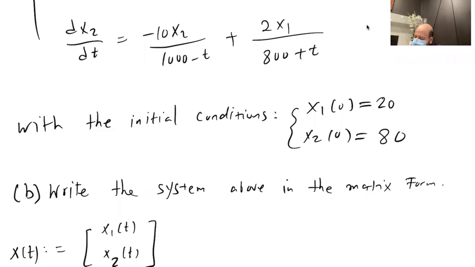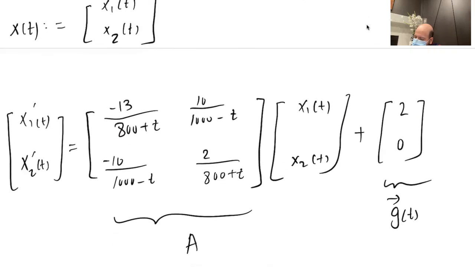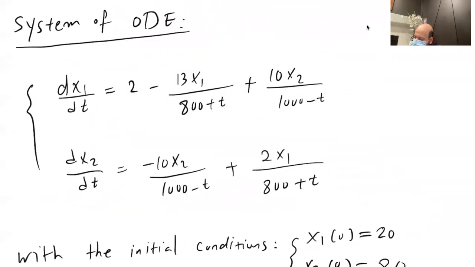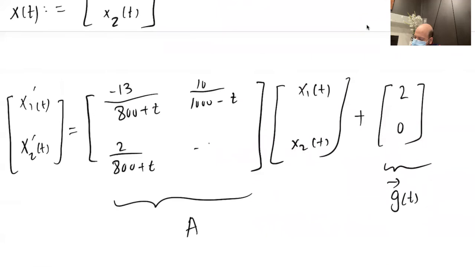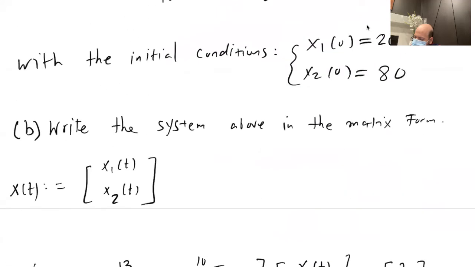And the second entry will be minus 10 over 1000 minus t, which is the coefficient of x2. So I need to just replace these two numbers, 2 over 800 plus t and minus 10 over 1000 minus t.